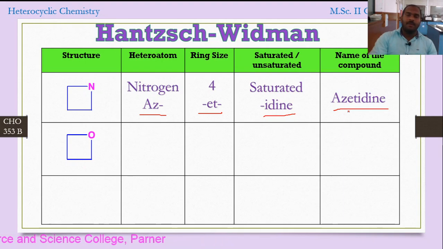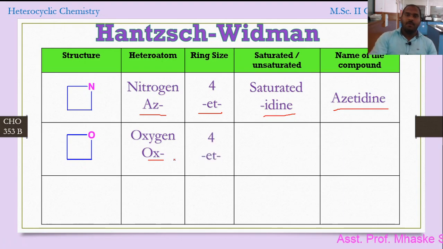Now what is the heteroatom present? Heteroatom present is a oxygen, therefore it is a oxa, right? So we are having oxa. What is the ring size? There are 4 atoms in the ring, therefore we are having Et. And is it a saturated or unsaturated?